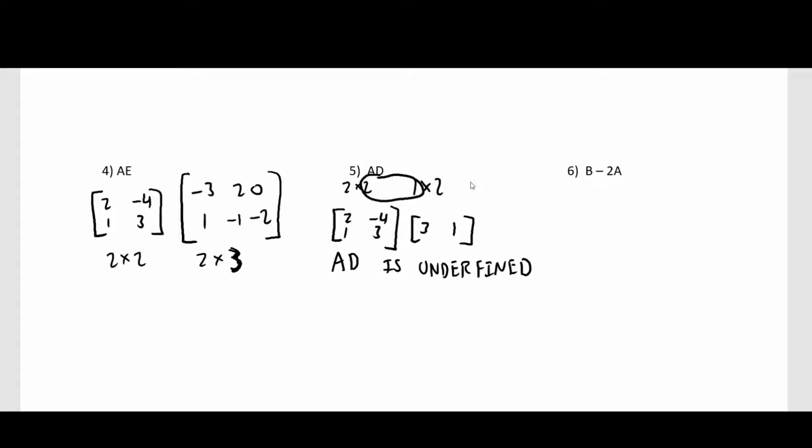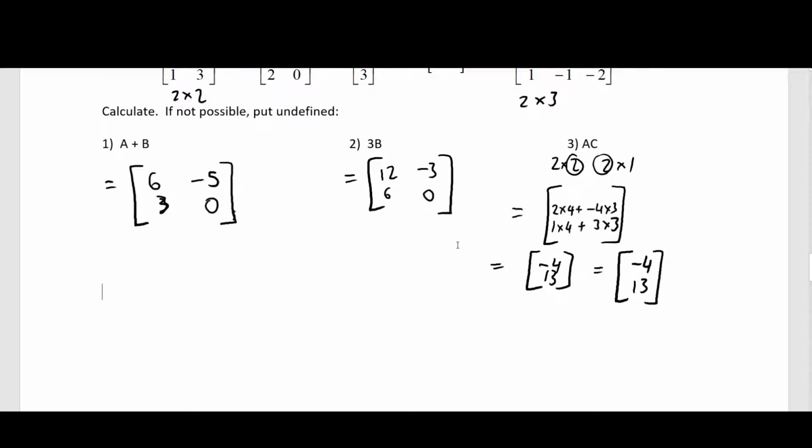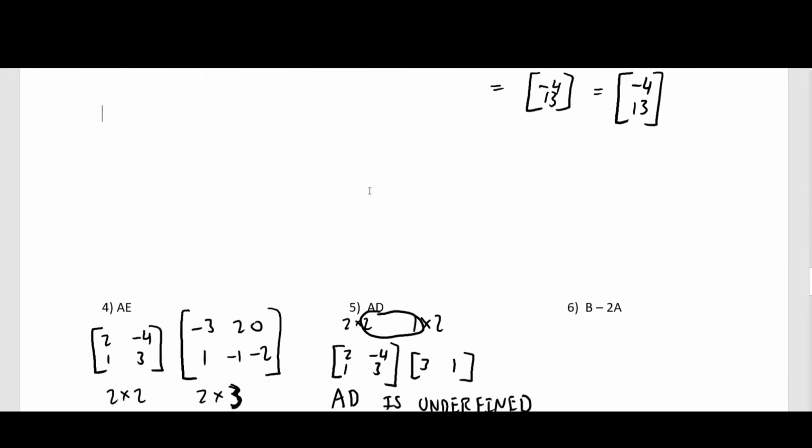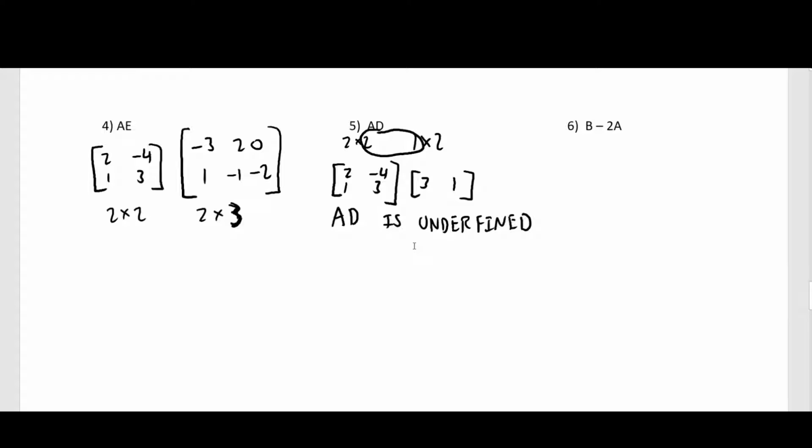All right, B take 2A. So B is 4, -1, 2, 0. So I'll do it over here. 4, -1, 2, 0.